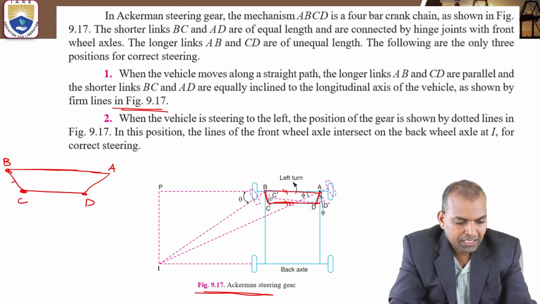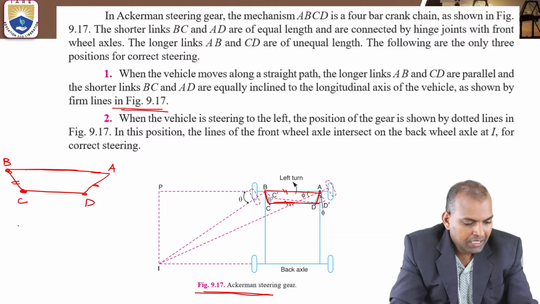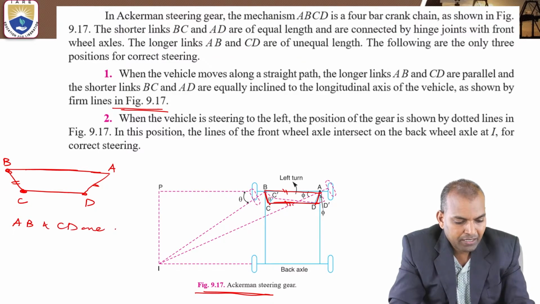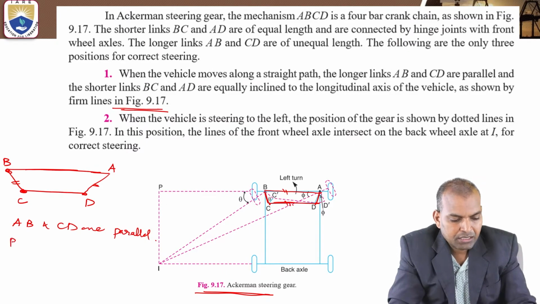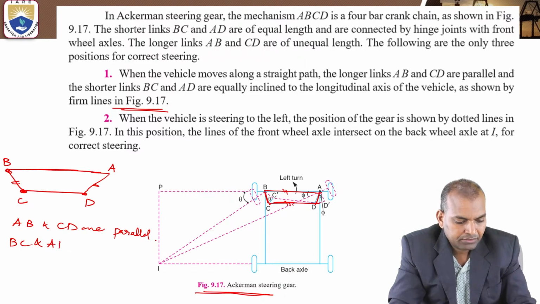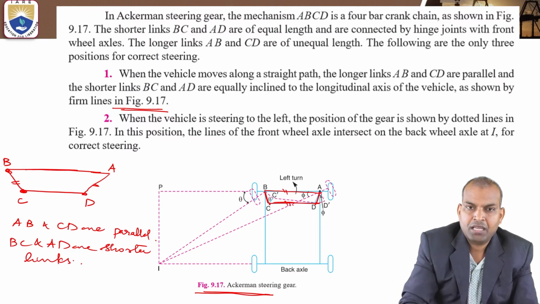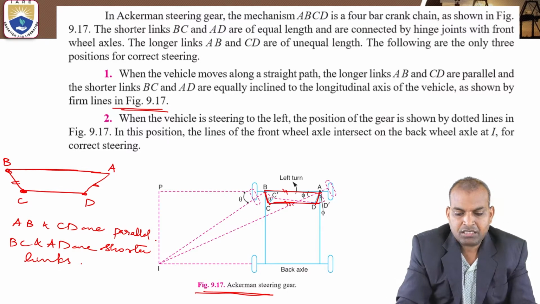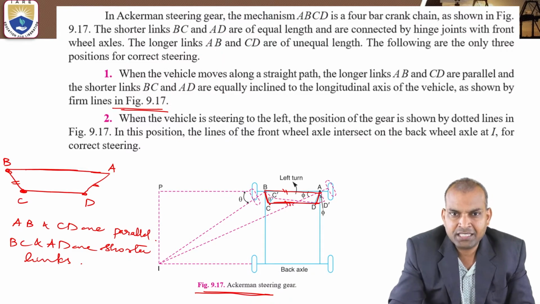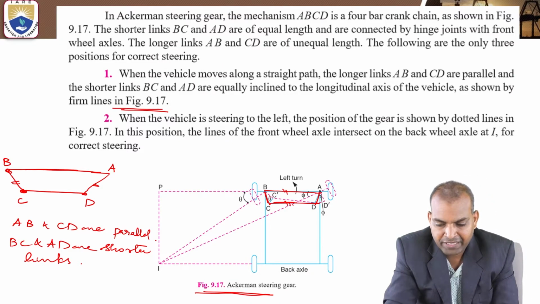These are the shorter links, and links AB and CD are parallel, and links BC and AD are the shorter links. But these links are making angles to the longitudinal axis of the vehicle.